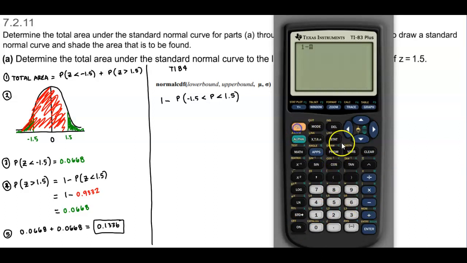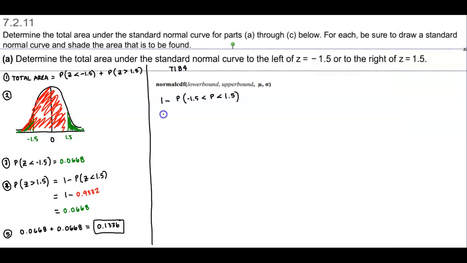We can go to second distribution. We want normal CDF. So we want to find the area, so the lower bound in this case is going to be negative 1.5. The upper bound is going to be positive 1.5. We know that our mean is 0 and the standard deviation is 1.